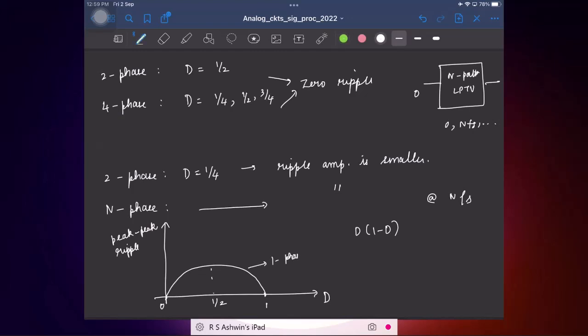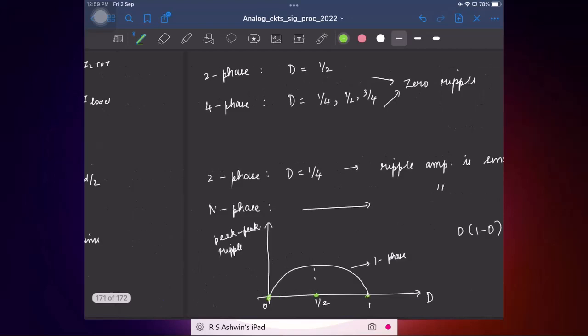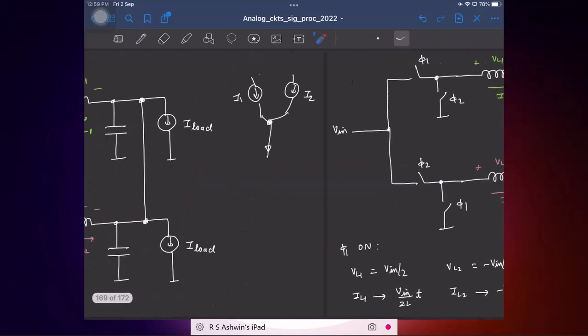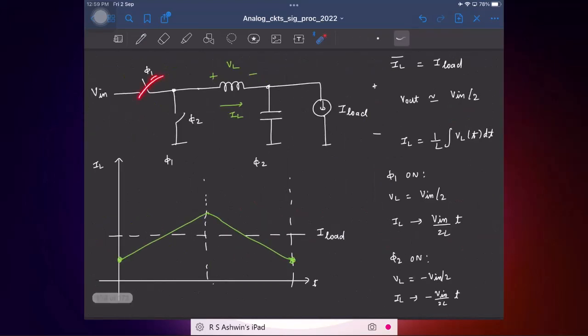If I do a two-phase operation, where will I get zeros? I will definitely have a 0 at half, right? And of course at these two extremes it will be 0, right? See, what does duty cycle of 0 mean? The switch is not even on, so Vout is 0. So don't expect anything.